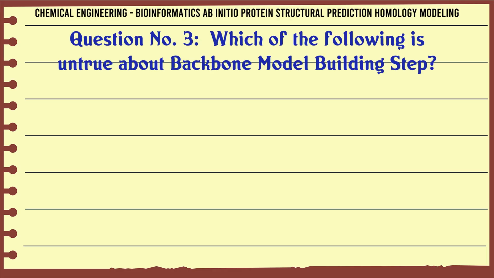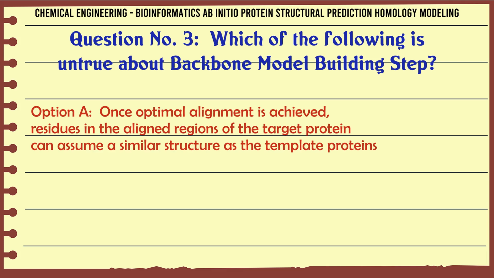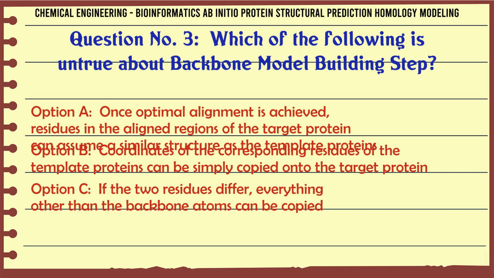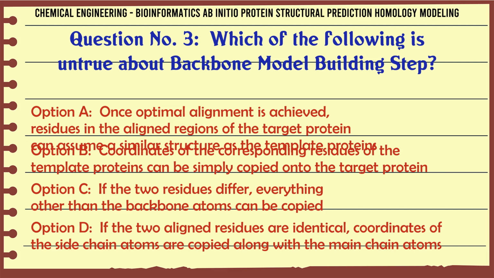Which of the following is untrue about backbone model building step? A. Once optimal alignment is achieved, residues in the aligned regions of the target protein can assume a similar structure as the template proteins. B. Coordinates of the corresponding residues of the template proteins can be simply copied onto the target protein.